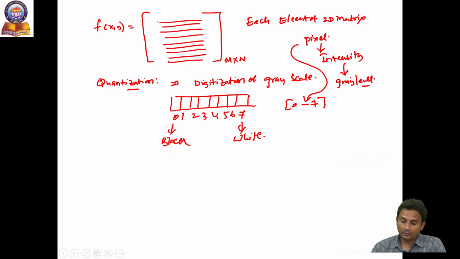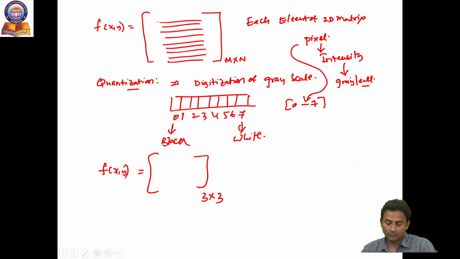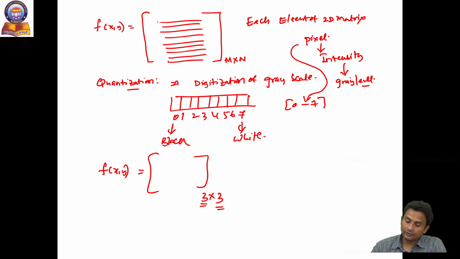For example, let me give you a simple 3 by 3 image. Assume that in the sampling process, we took 3 rows along the x direction and 3 along the y direction, so we get a 3 by 3 image. We assume the grayscale is divided into only 8 levels, so pixel values will be between 0 and 7.